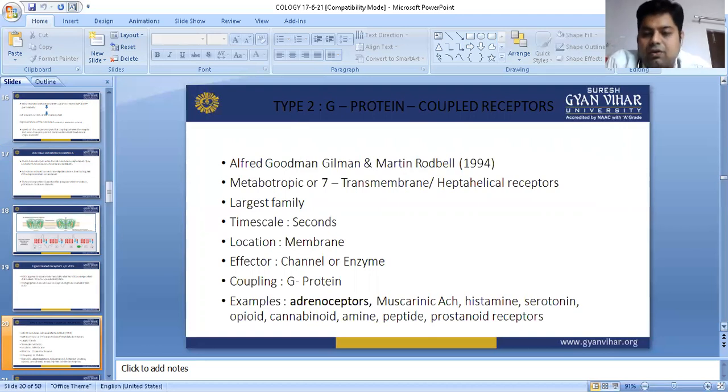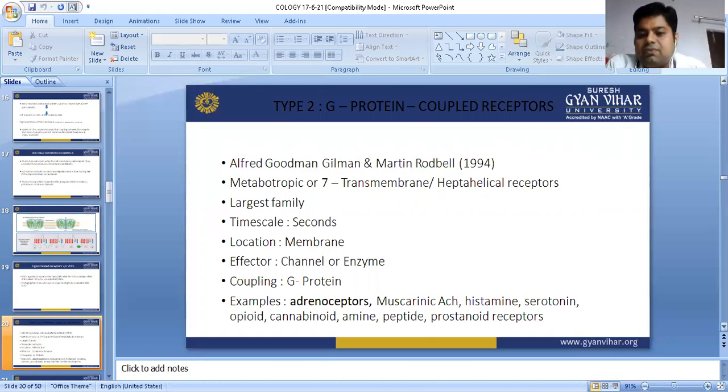They are also located on the outside of the cell membrane, coupled with effector channels and/or enzymes through the G protein. There are a number of examples like adrenoreceptors, muscarinic receptors, histamine receptors, and serotonin receptors: 5-HT1, 5-HT2, 5-HT4, 5-HT5, 6, and 7.